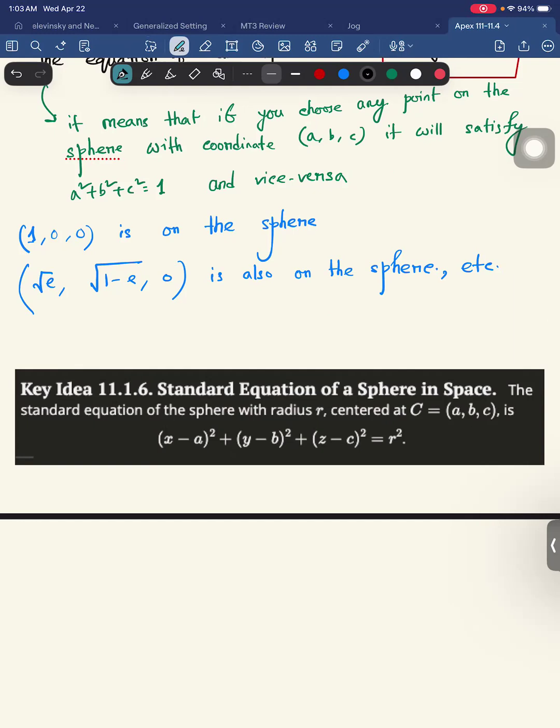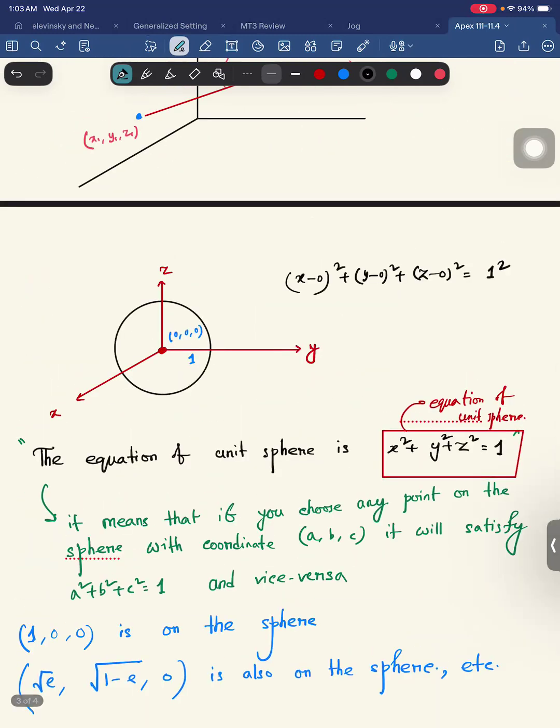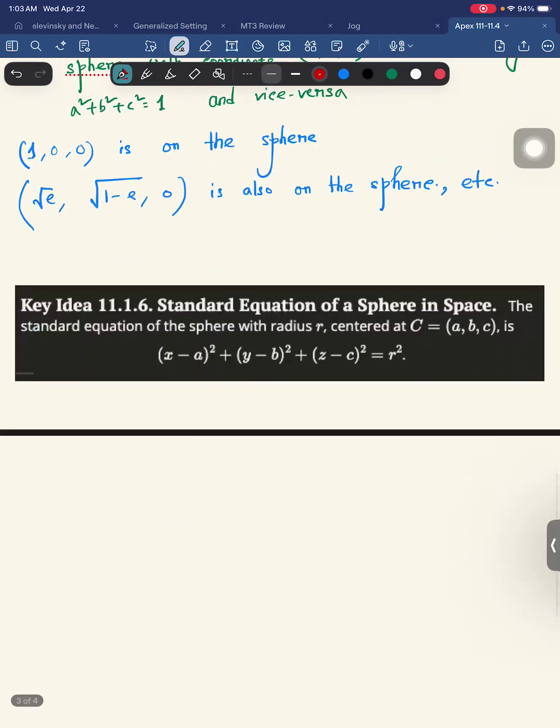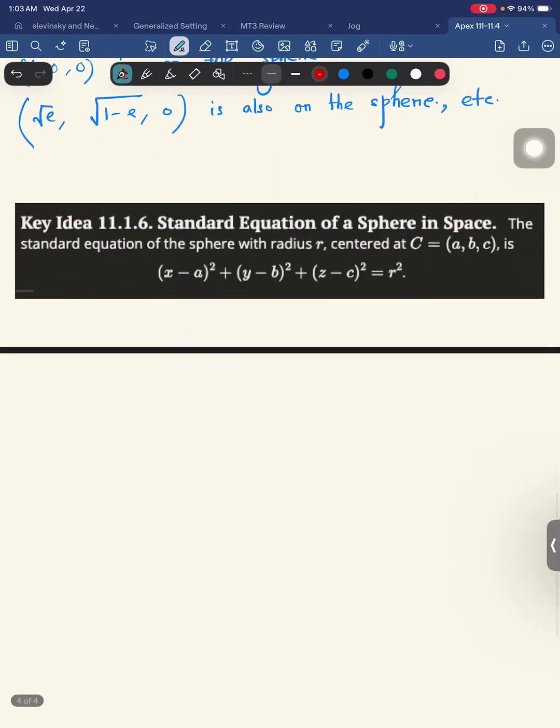Okay, sounds good. So this is all about the sphere. Remember the equation forever. I might give you something like this: x squared plus 2x plus 4y plus y squared plus 7 plus z squared.